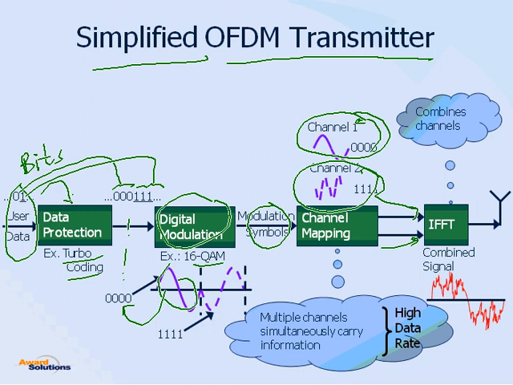This inverse fast Fourier transform will combine the orthogonal subcarriers that are carrying those modulation symbols. It will combine those into a strange looking signal. But inside that strange looking noisy signal, we have orthogonal subcarriers, each subcarrier carrying one modulation symbol during 66 microseconds.